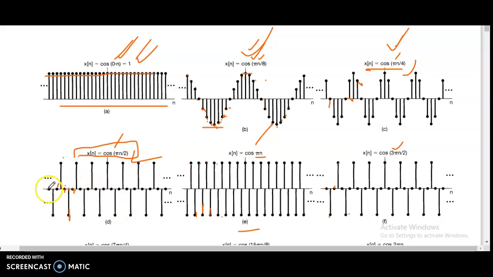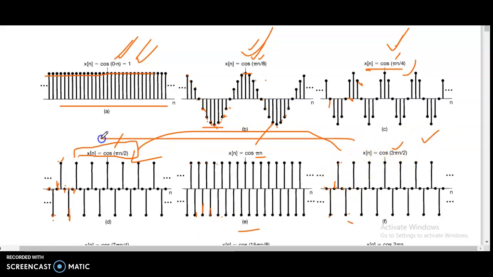Here that is 0 minus 1, 0 plus 1. Here 0 minus 1, 0 plus 1, 0 minus 1. So almost the same. Am I correct now? Here 0 minus 1, 0 minus 1, 0 plus 1, 0 plus 1, like this.